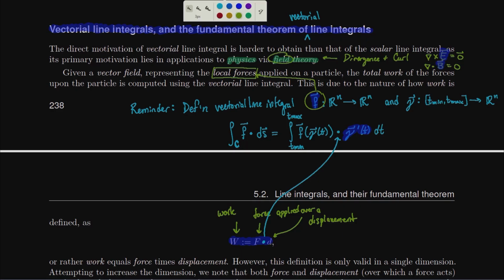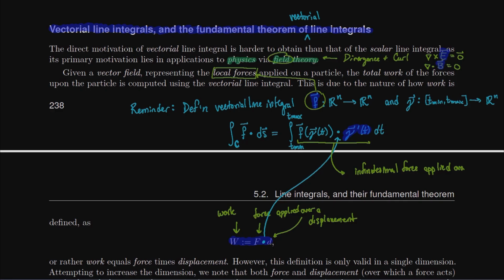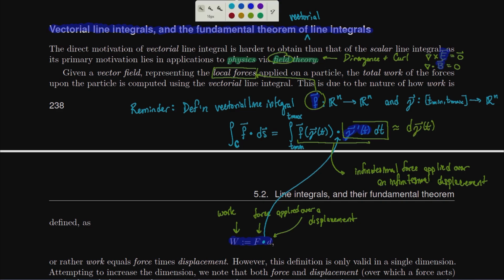So we really think about each quantity inside of the line integral as an infinitesimal force applied over an infinitesimal displacement. The infinitesimal displacement, of course, derives straight out of gamma prime of t dt, because that's just d gamma of t, and we already saw in the last video that it's the infinitely small displacement along the path, right?